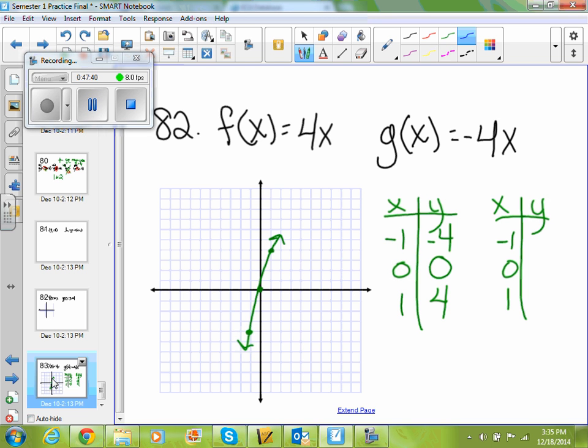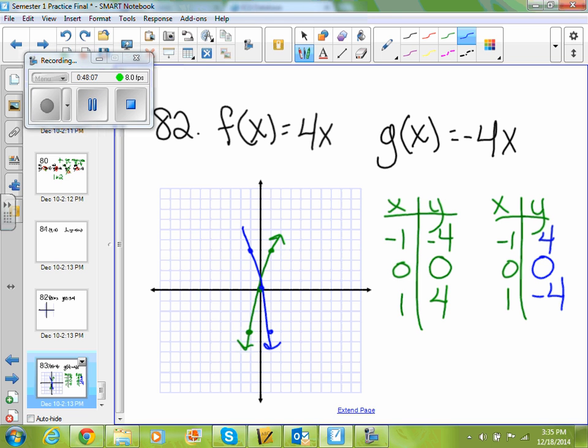Okay, if I go look at my second one, -4x. If I plug -1 into -4x, what do I get? Positive 4. And if I plug in 0? And if I plug in 1? -4. Okay, so then I'm going to go back 1, up 4. I'm going to go to 0, 0, and over 1, down 4.